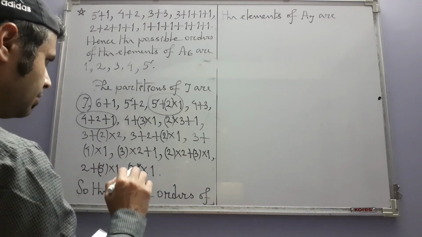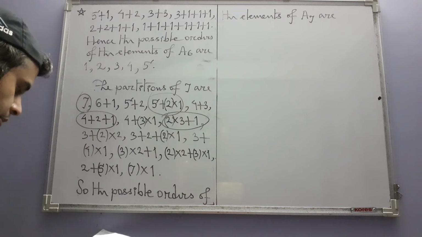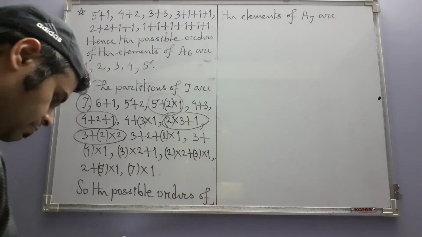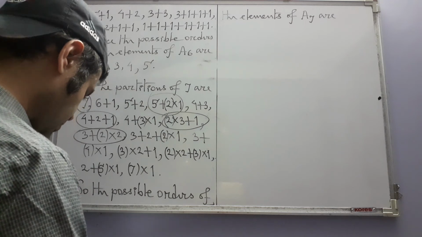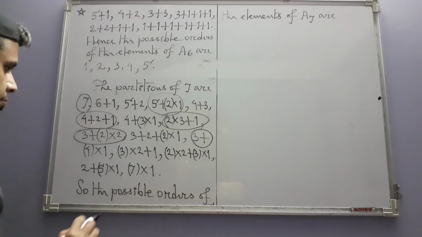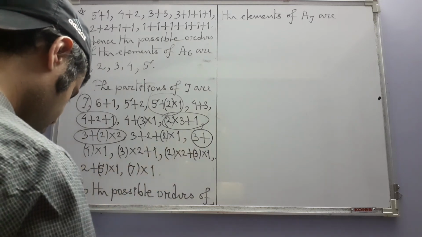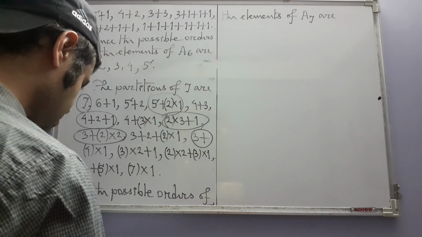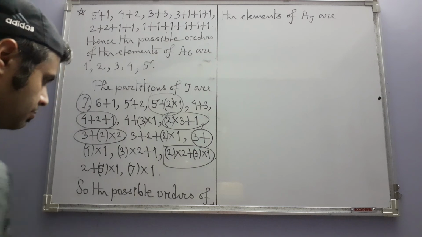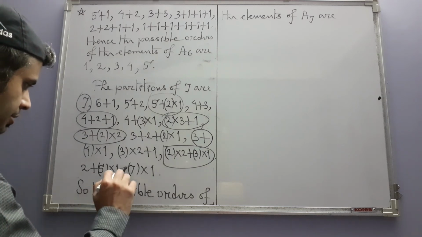Then 3 3 1, then 3 2 2, then 3 and 4 ones, that means this one along with that. Then 2 twos and 3 ones. And finally, of course, this is always there.